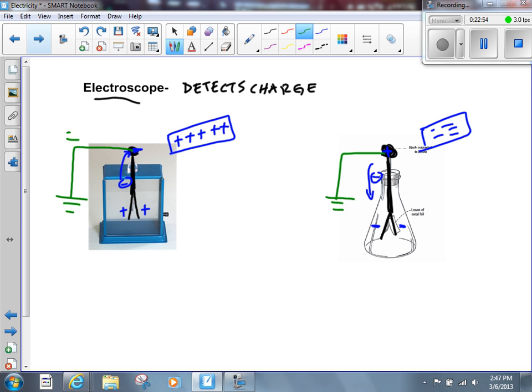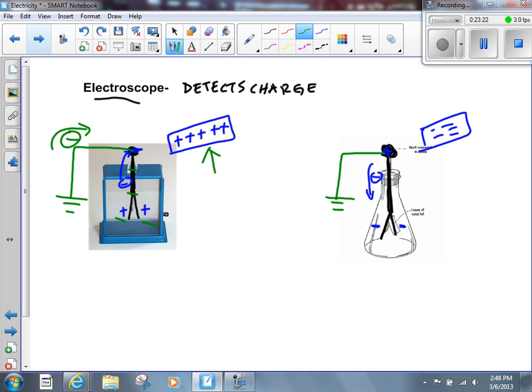We would, in fact, get electrons from the ground sucked into this ball, but they couldn't all stay in the ball. So what ended up happening is that the entire thing would end up being negative, including the leaves. So you'd find that the leaves would spread apart here, but this time not because they were positive, but because they were negatively charged. What would happen, though, if you took this charging object away?